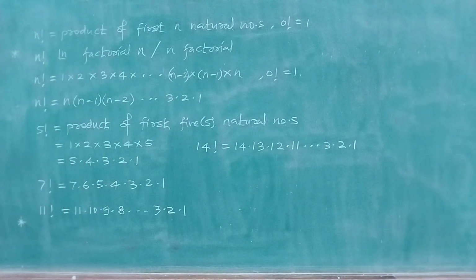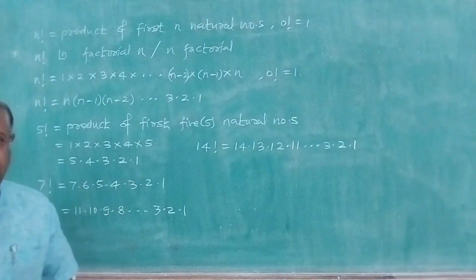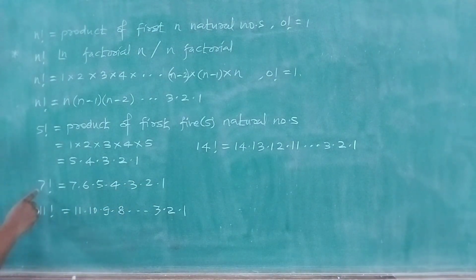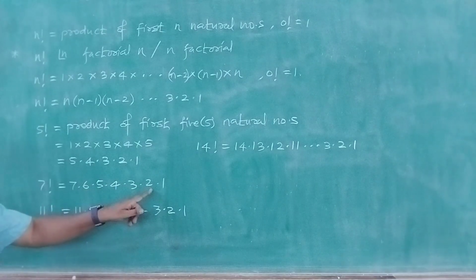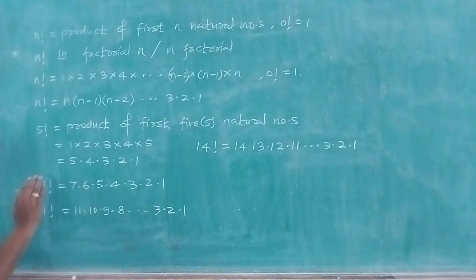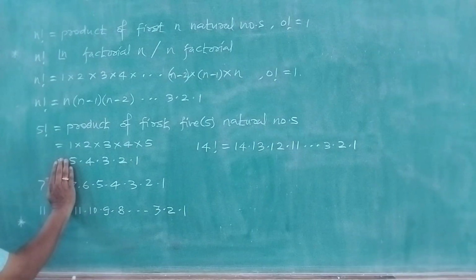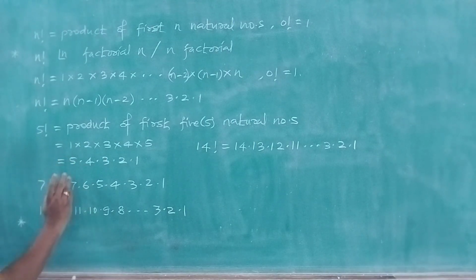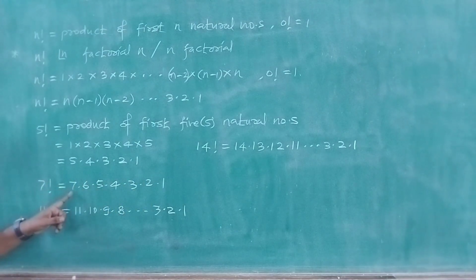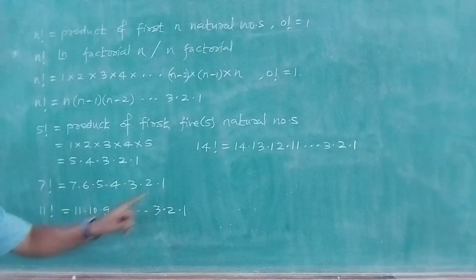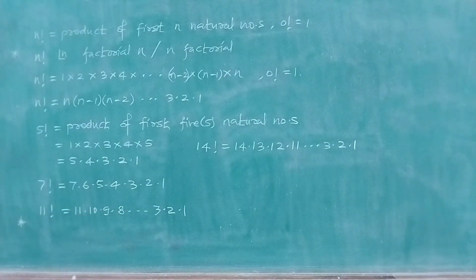Now look at one interesting part of this factorial notation. If you look at 7 factorial, it is 7 into 6 into 5 into 4 into 3 into 2 into 1. If I put 7 in one bracket and the remaining elements in another bracket, the remaining elements are the product of the first 6 natural numbers.